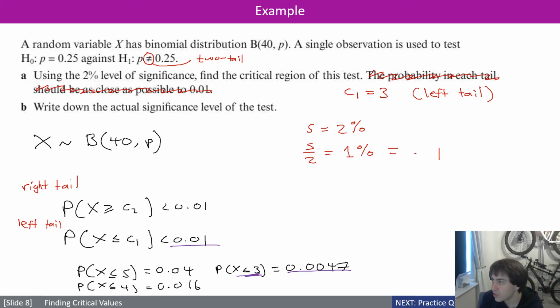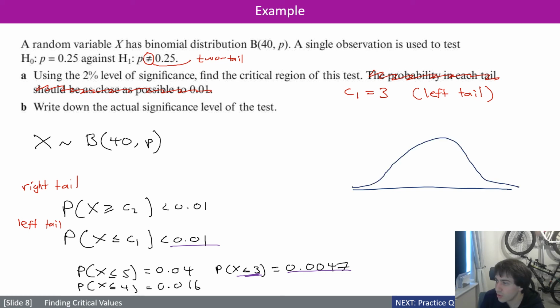In terms of that sort of hump diagram, like with the die, that's saying that you've identified your critical value here, C1 equals 3. So now we need to find the other one, the C2, which is what we're going to have to try and find here.